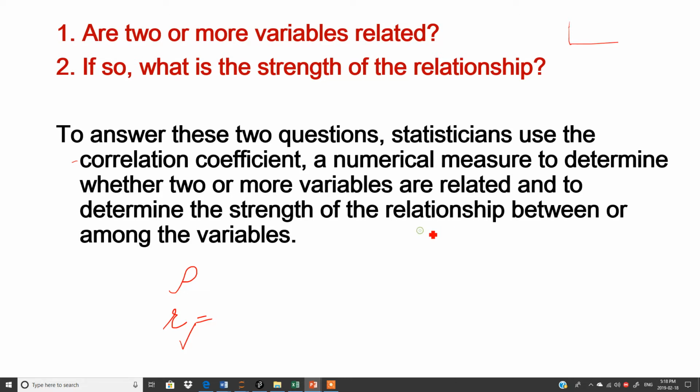Usually we take two variables; if we take two, it says between, or if we have more variables, we can measure the relationship among the variables. One thing I will tell you later on, but here simply I say this R. The correlation coefficient range is from -1 to +1.